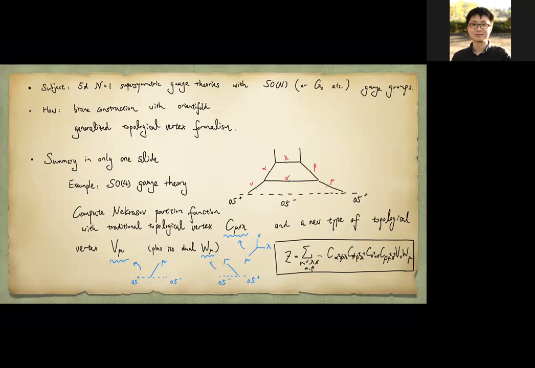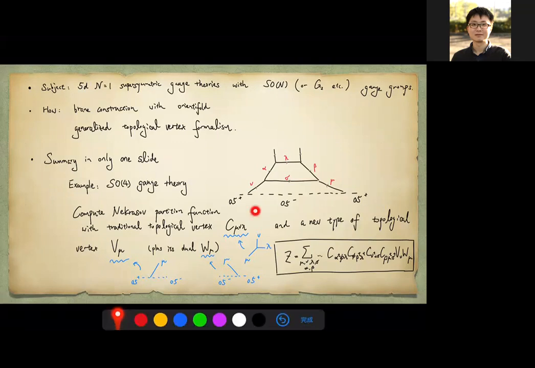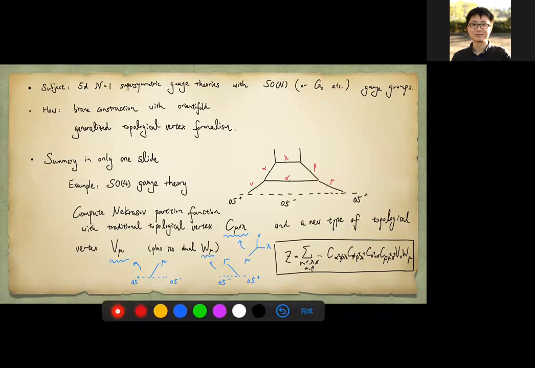If I summarize the result in only one slide, it looks like this. We consider SO(N) gauge theories, and the brane diagram looks like this. Let me use my pen. This is the example for the SO(4) gauge theory.